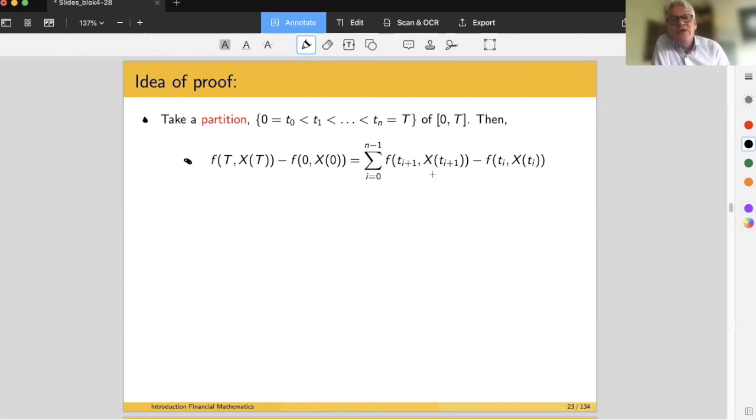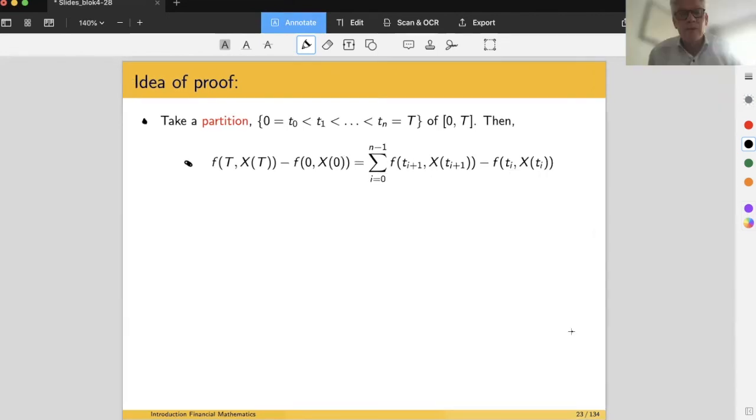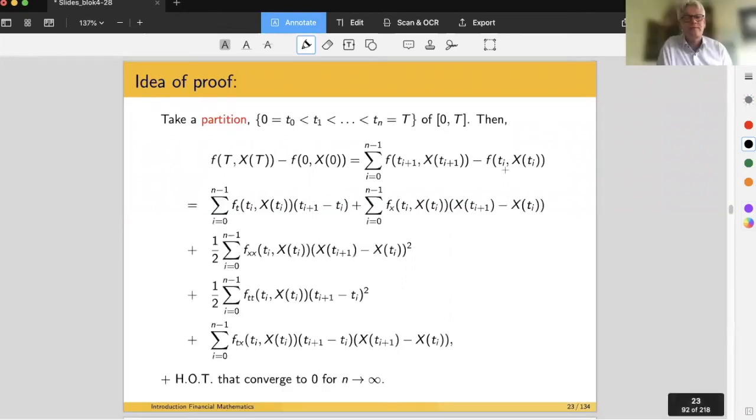And now for each of these terms, we can apply the 2-dimensional Taylor expansion. So for each of these terms, we have df/dt at ti, x(ti), times the time increment t(i+1) minus ti. And we add to that df/dx times x at t(i+1) minus x at ti.